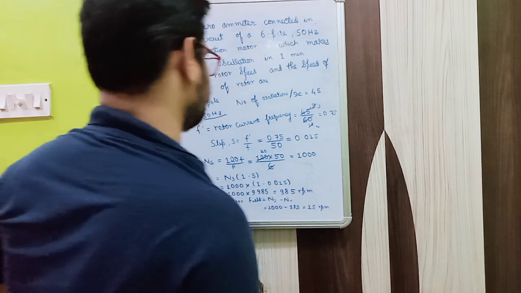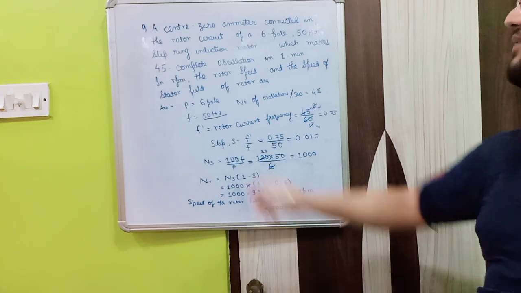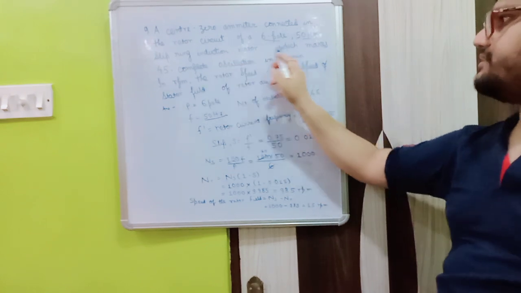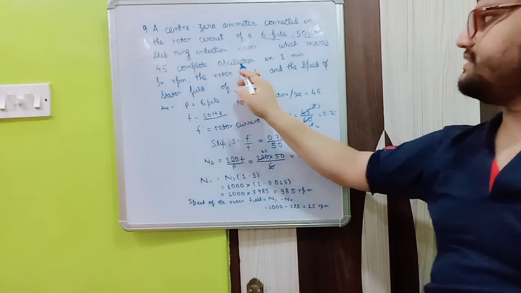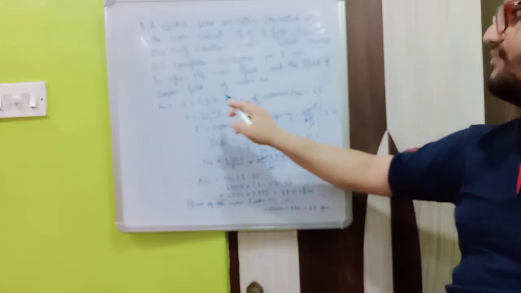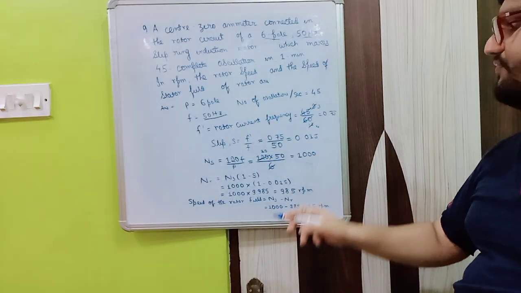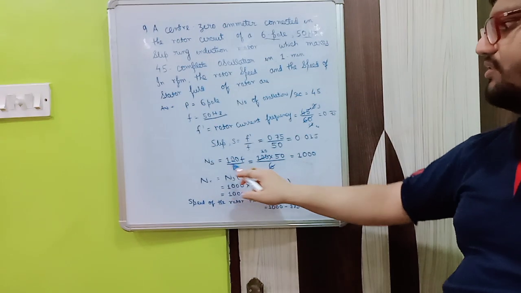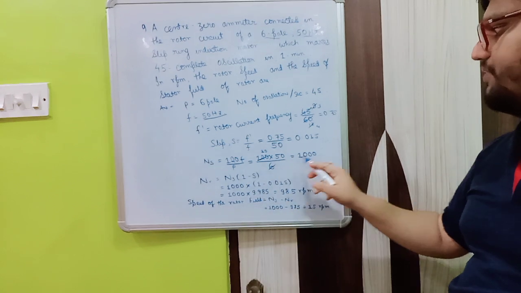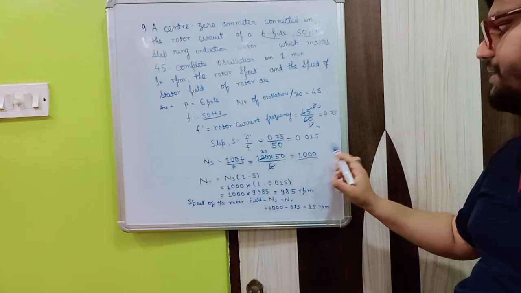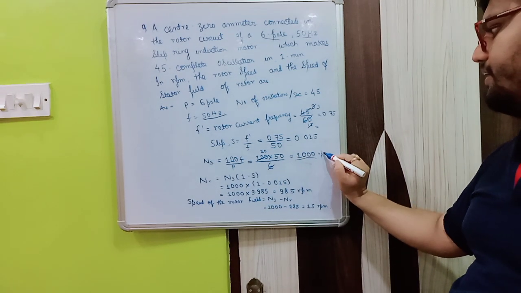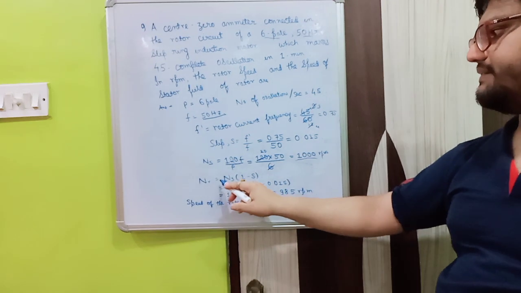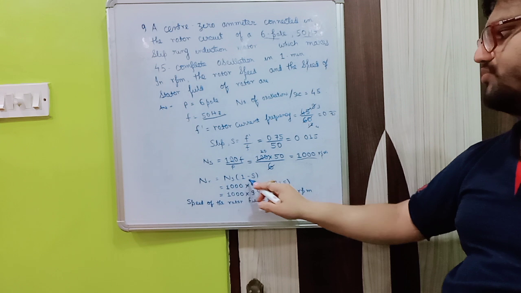So I hope you have understood the full numerical and how we have done it. It is a 6-pole 50 Hz slip ring induction motor that makes 45 complete oscillations in 1 minute. We have to find the stator field speed. We found Ns equal to 120 f by p, so the synchronous speed is 1000 RPM, and the rotor speed Nr is equal to Ns into 1 minus s.